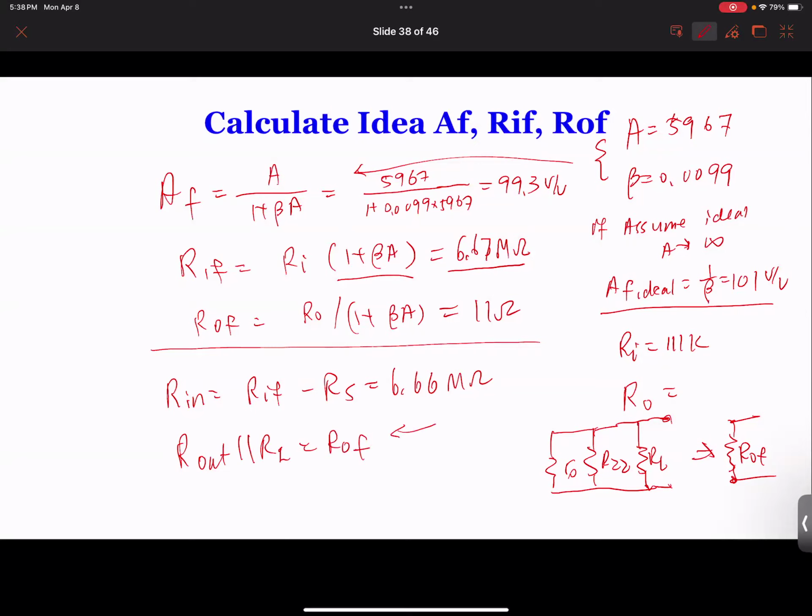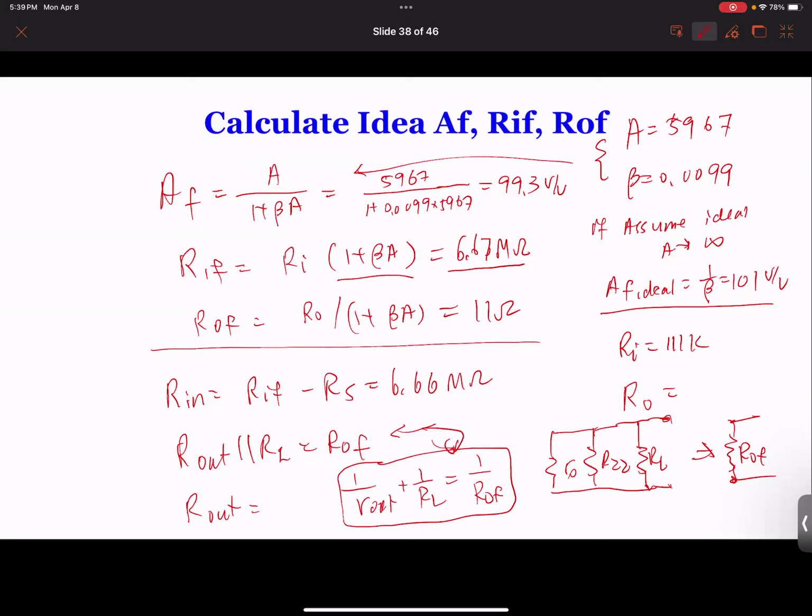So now, from here, you can solve for R out, which is going to be, let me say, this equation here. Well, these two are in parallel. You can write out what they are, and basically, if you want to simplify that, you would have something like this: 1 over R out plus 1 over RL equals 1 over ROF, right? So this is how you write these equations for this one here.